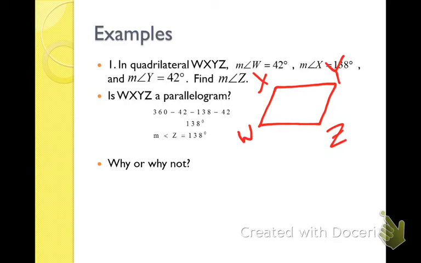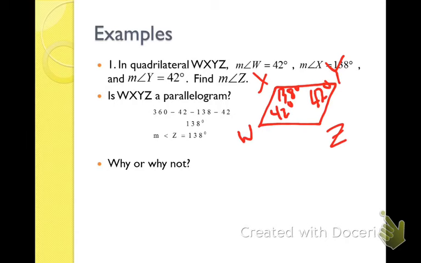W is 42, and X is 138, Y is 42. We have to find the measure of Z.